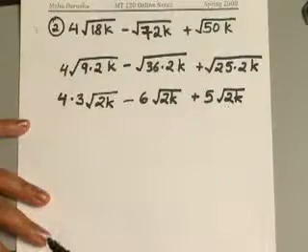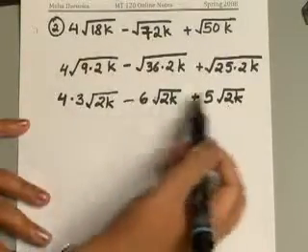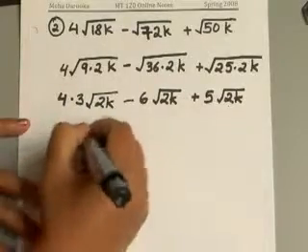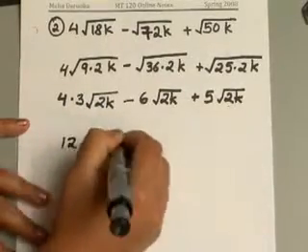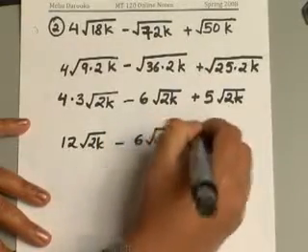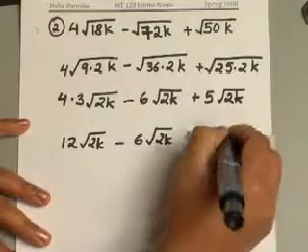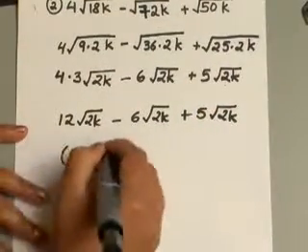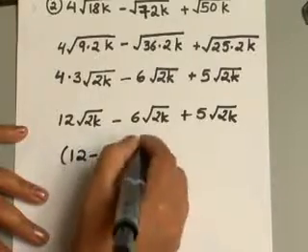So again, same index, same radical, we can go ahead and combine our coefficients. So 4 times 3 will give us 12 square root of 2k, minus 6 square root of 2k, plus 5 square root of 2k. So just like we did earlier, combine all your coefficients.